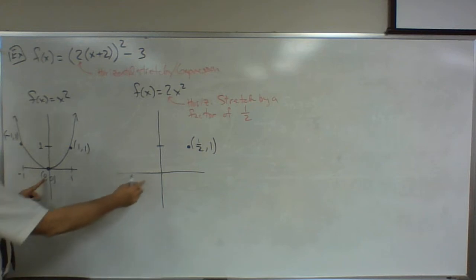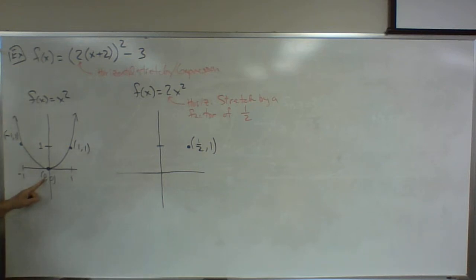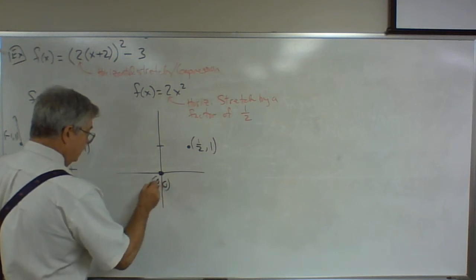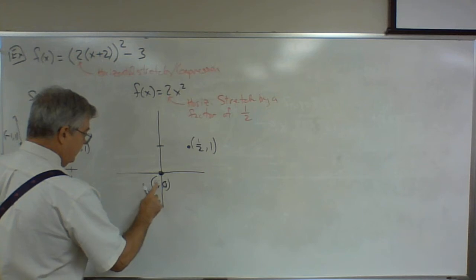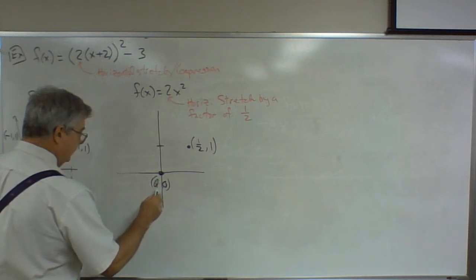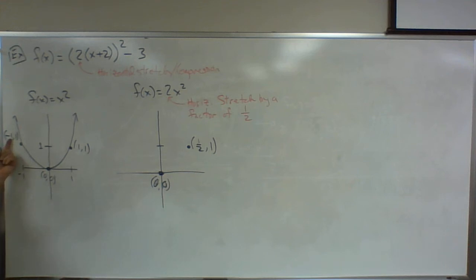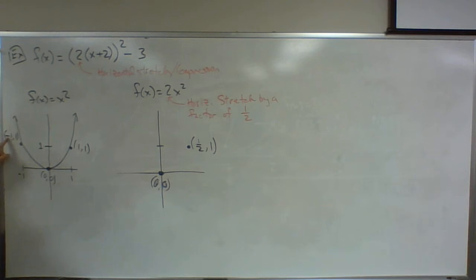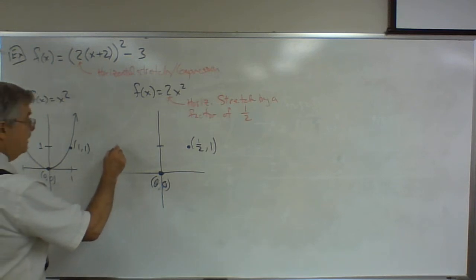The x coordinate of the corresponding point over here will have an x coordinate that is 1/2 the x coordinate here. Well, 1/2 times 0 is 0. That point doesn't move. And this point, the x coordinate here will have as its corresponding point on this graph an x coordinate that's 1/2 this x coordinate. 1/2 -1 is -1/2.